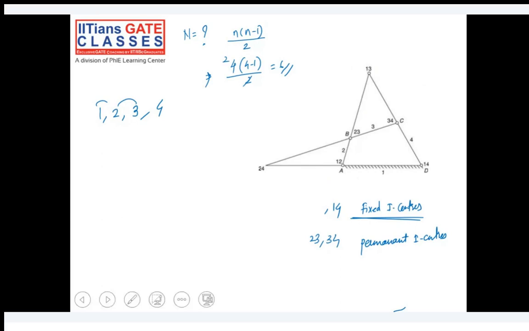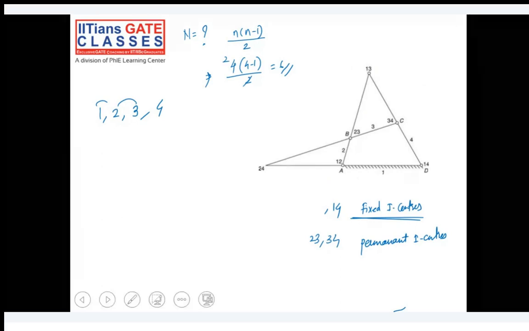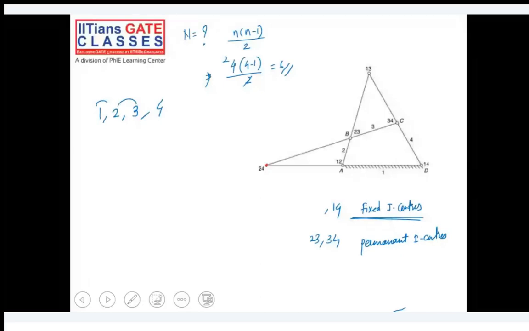So can you tell me how this 2 4 center is calculated? It's based on Kennedy's theorem. What does Kennedy's theorem say? Kennedy's theorem says that if three bodies have relative motion among themselves, then their instantaneous centers must be on a straight line.